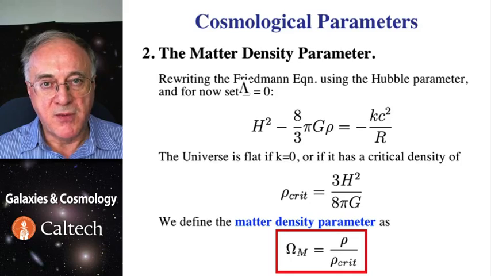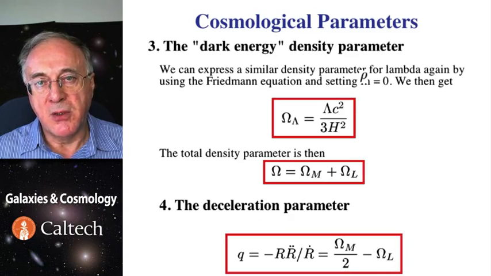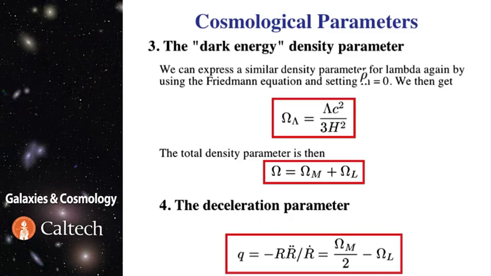and universe is flat. The next would be the dark energy density parameter. Just like mass has a mean density, so would the energy, and we know that from observations now that actually universe does have a mean energy density. It is defined from the cosmological constant according to this formula, and the total matter energy density would be then simply a sum of the energy density of the matter and energy density of the vacuum.